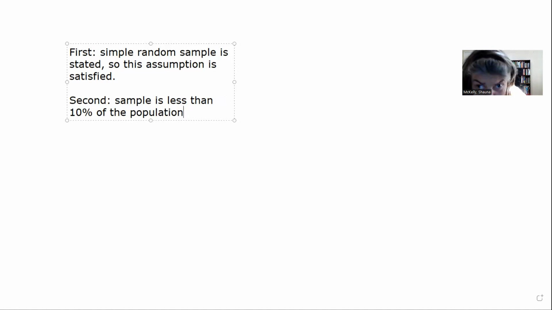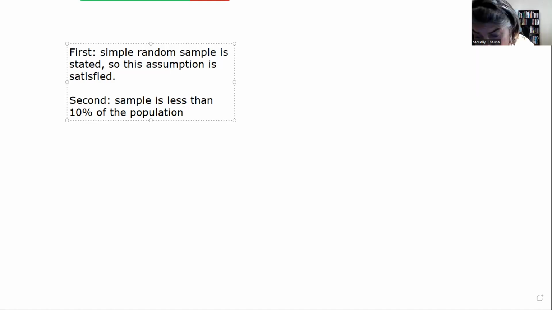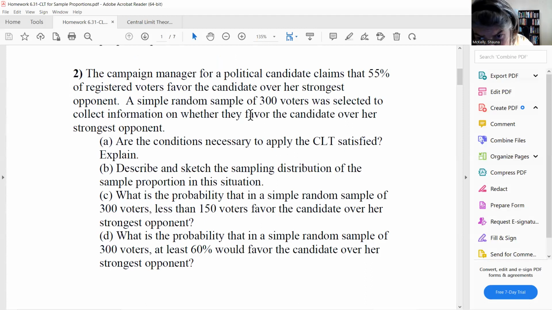Remember I said this depends on judgment many times, but I've never seen it violated. This is how you would think about this. There are 300 voters in your sample, and that population represents all registered voters in this area, maybe in the US, we don't know, but it's all the registered voters.